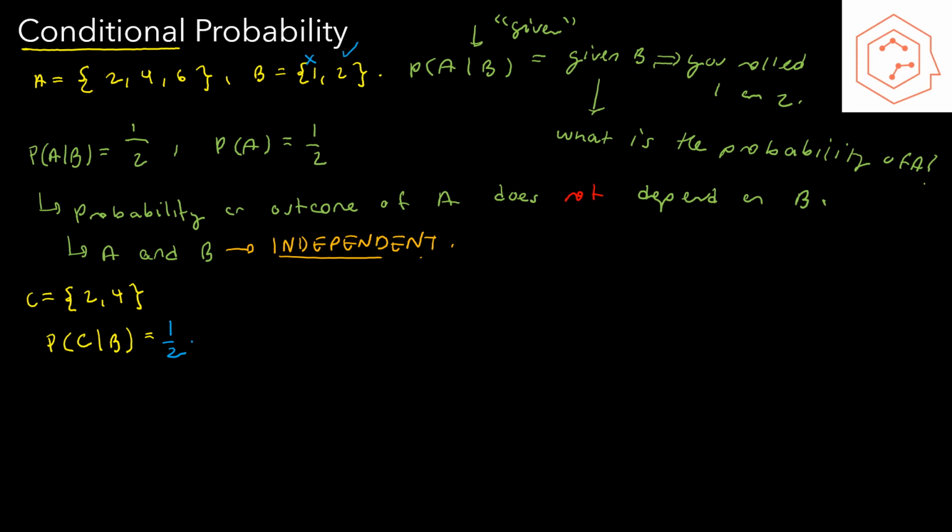But the probability of C occurring on its own is 2 events, 2 or 4, out of all total events, which is 6 possible rolls, which is equal to 1/3.